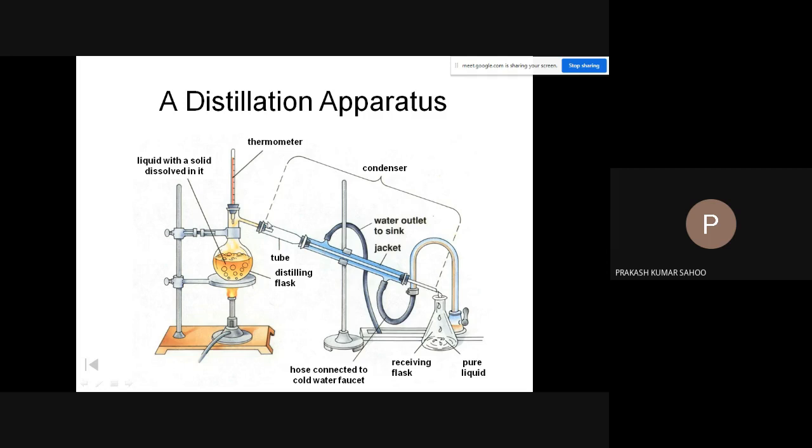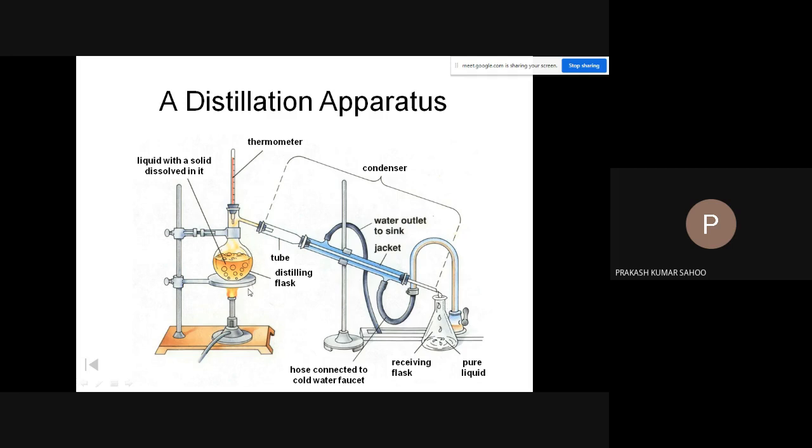We have the condenser part from this point to this point. The total set is the condenser. Then we have the ordinary water inlet, and a conical flask, which is the receiving flask.